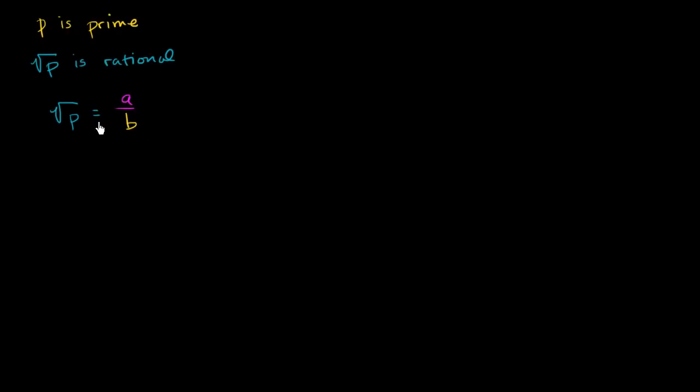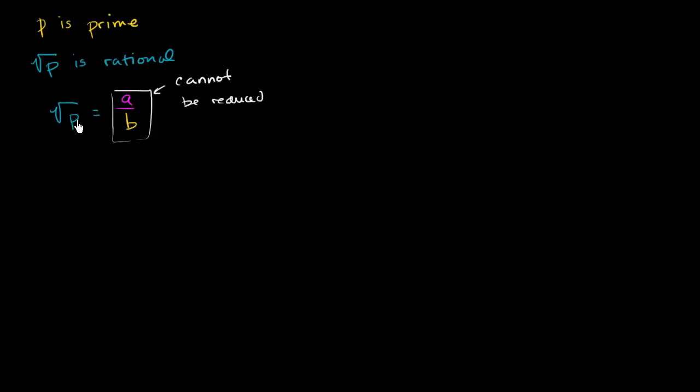So I'm assuming that's where we are right here. So this cannot be reduced. And this is important for our proof. Cannot be reduced, which is another way of saying that a and b are co-prime, which is another way of saying that a and b share no common factors other than 1.